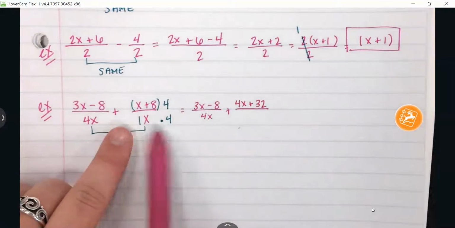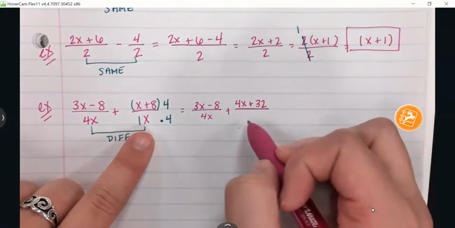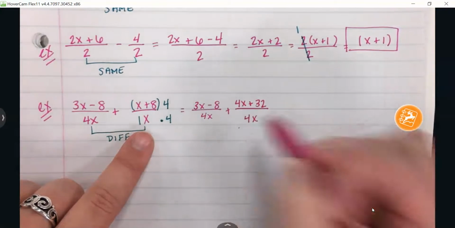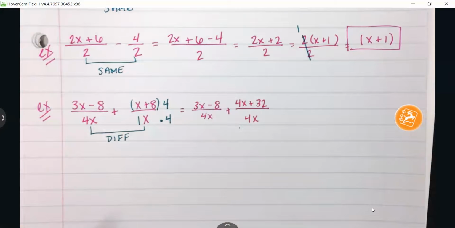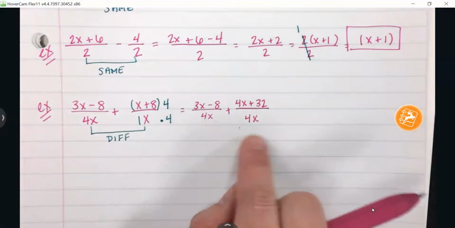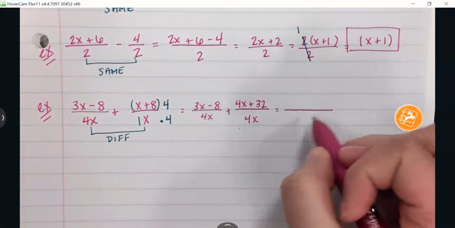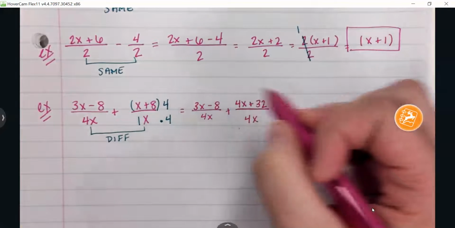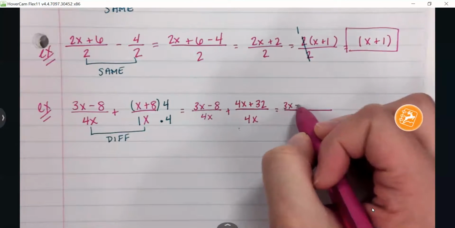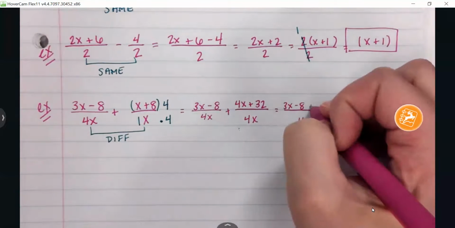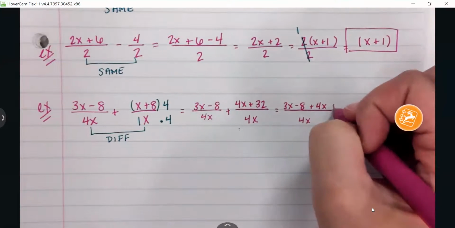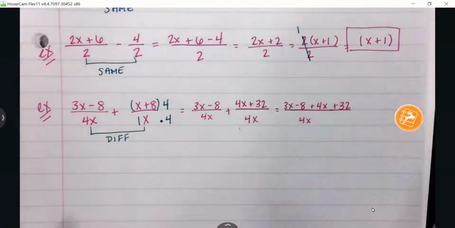And then if I multiply my denominator by 4, I now have 4x. So now that my denominators are the same, I can make it one big fraction. So I have a 3x minus 8 plus 4x plus 32.